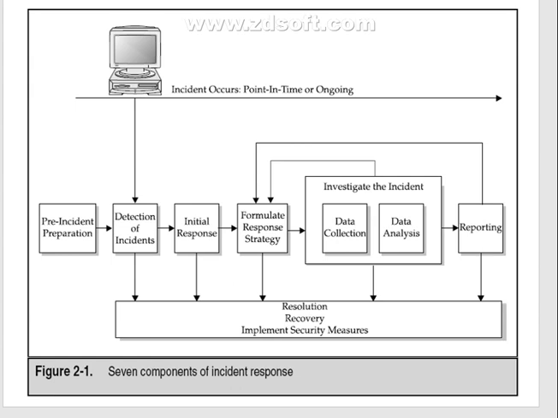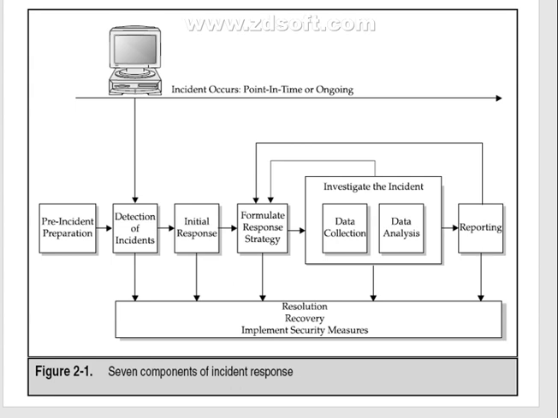However, you will discover that from detection of the incident up to reporting, there is resolution or recovery or implementation of security measures. If an incident occurs in the workplace, we have to ensure that the business is a going concern. So at each and every stage, we need to make sure that we implement security measures.